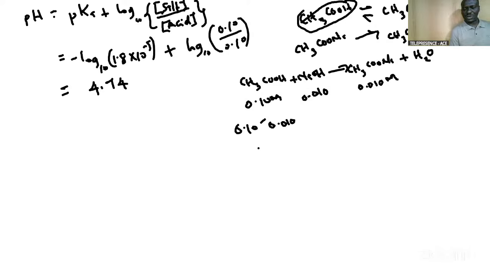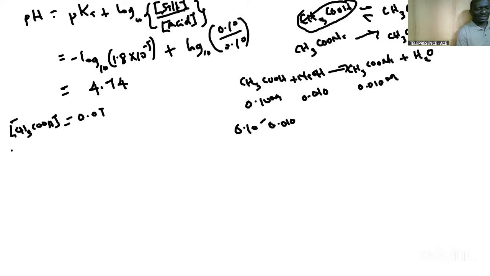So in solution, we have acetic acid CH3COOH, after the base has been added, becomes 0.09.